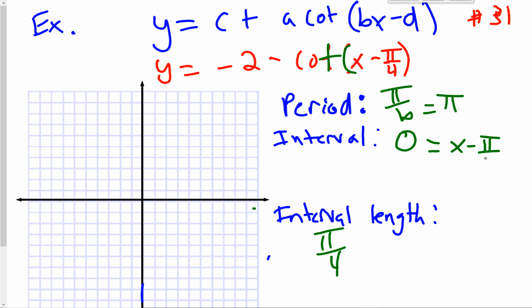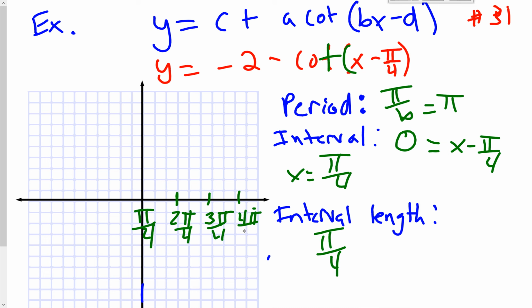The only one that's different is tangent. All the rest you can set equal to 0. So that's pi fourths, my first x. Then I add my interval length, pi fourths, so that's 2 pi fourths. The next would be 3 pi fourths, 4 pi fourths, and 5 pi fourths. We can say that total distance is 4 pi fourths, which is pi.